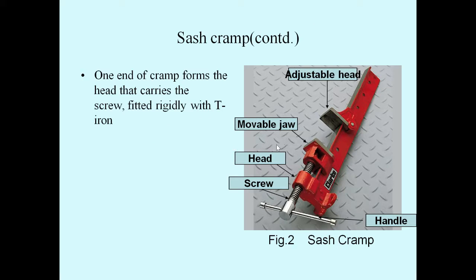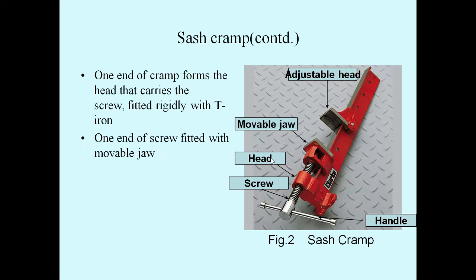Next, one end of the clamp forms the head that carries the screw fitted rigidly with T slots.